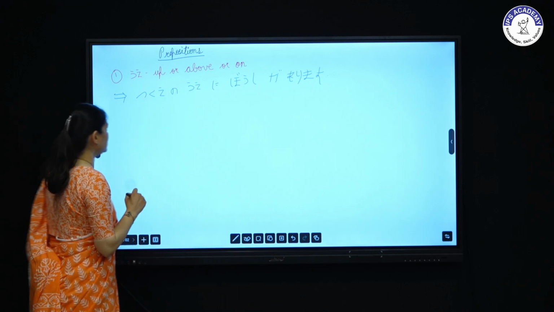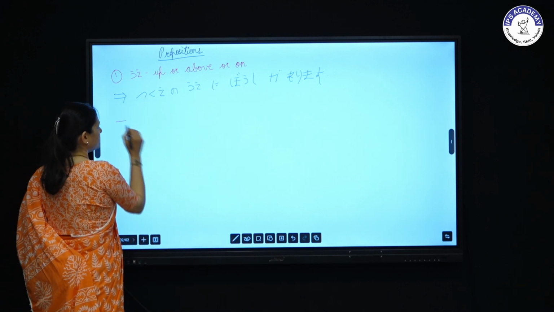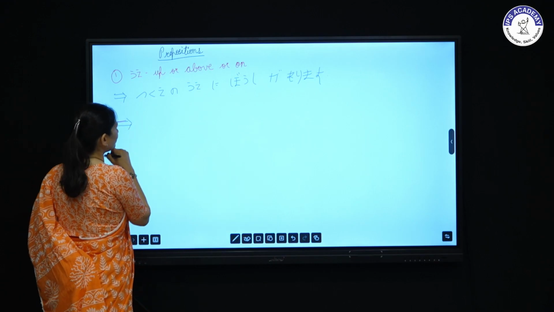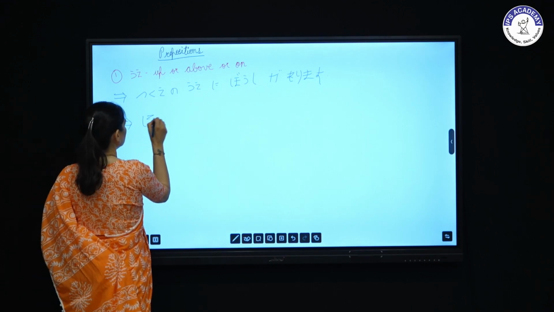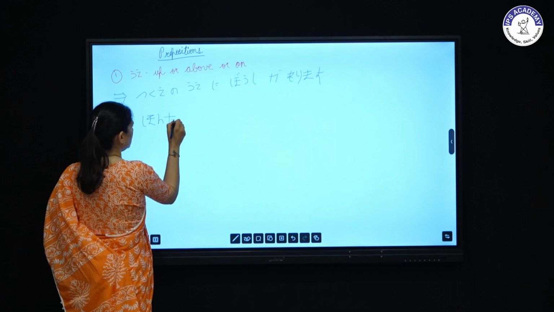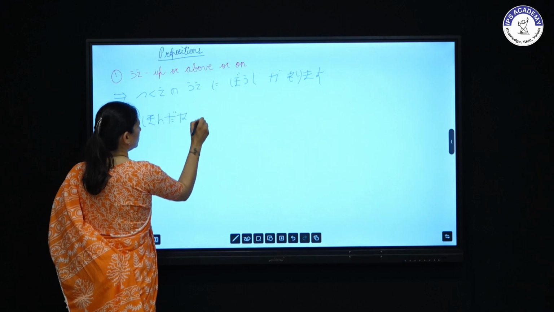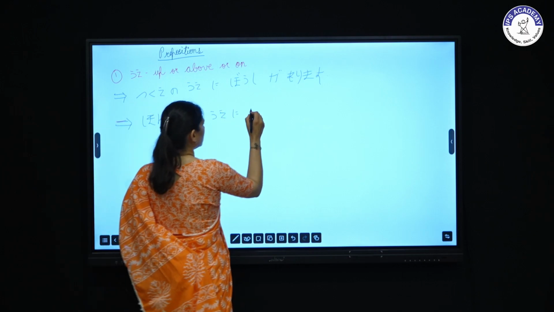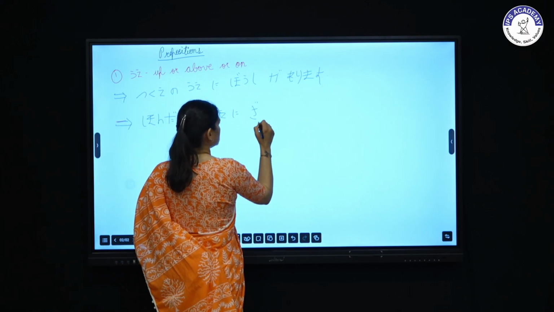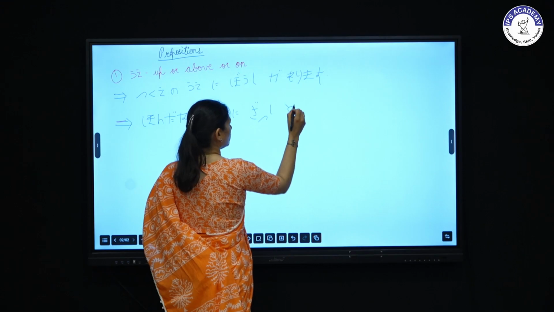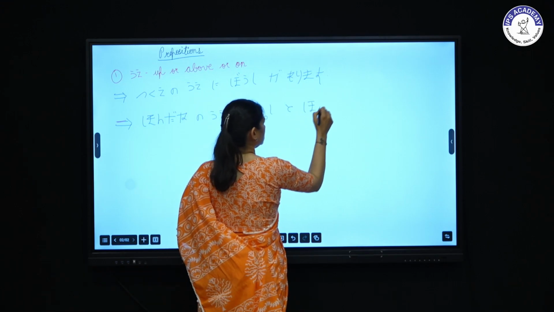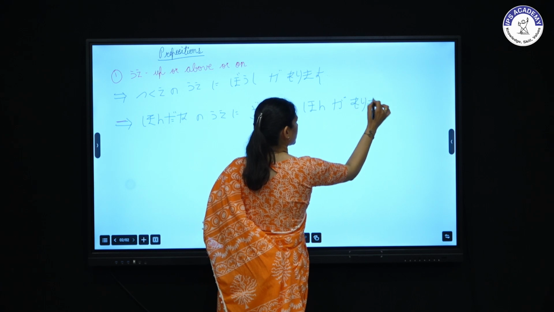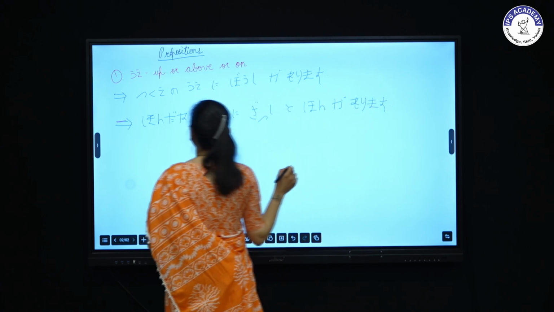Cap? Yes. Let's take one more example and then I'll explain both the examples. Hondana no ue ni zasshi to hon ga arimasu. Okay.